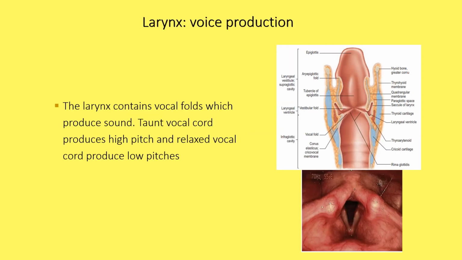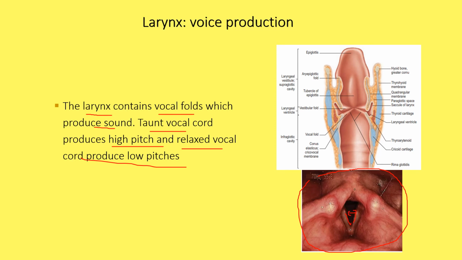Alright, I would like to mention a little bit on the voice production by the vocal cord in the larynx. So the larynx contains the vocal cord that produces sound. The tight vocal cord produces high pitch and the relaxed vocal cord produces low pitch. This is the superior view of your vocal cord, and this area is the rima glottidis.